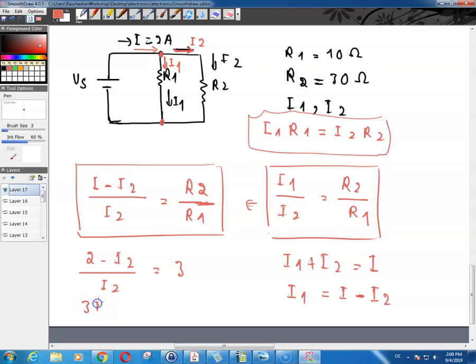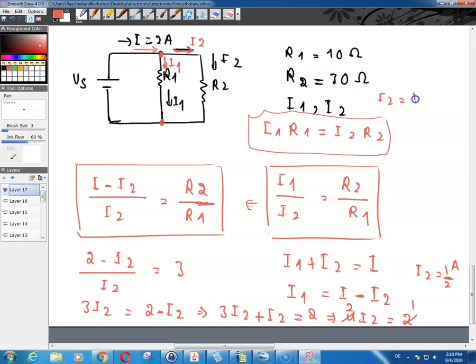If you cross multiply, you get 3 times I2 is equal to 2 minus I2, which means 3 times I2 plus I2 is equal to 2, so 4 times I2 is equal to 2. Divide by 4, and I2 is equal to 2 over 4, or 1/2 amp.